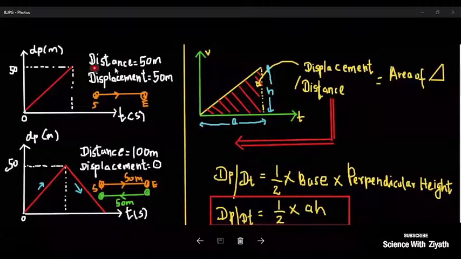So distance would be 50 meter. How is it possible to have distance in a displacement time graph? எப்படி displacement time graphல distance வரும்? என்ன கூத்து இதுன்னு யோசிப்பீங்க. Look at this one.